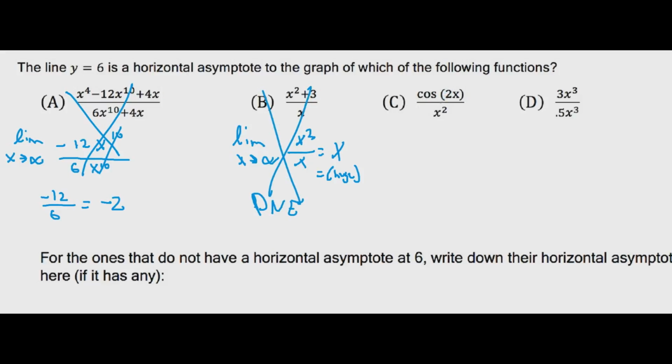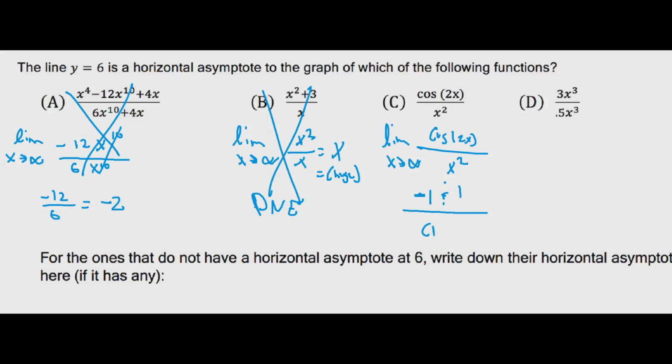Okay, cosine, this one's kind of tricky, but cosine is just a graph that looks like this. It's just oscillating between 1 and negative 1. So as I plug in the limit as x approaches infinity of cosine 2x divided by x squared, this is going to be some number between negative 1 and 1.